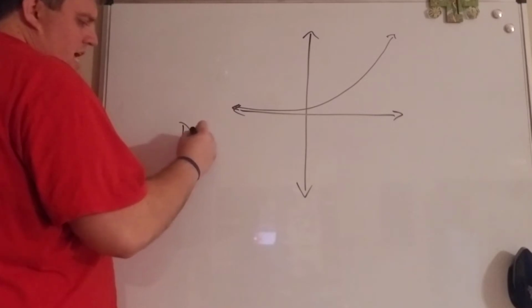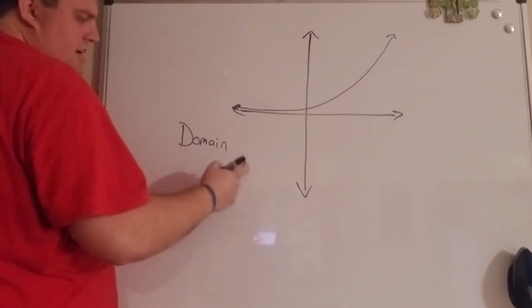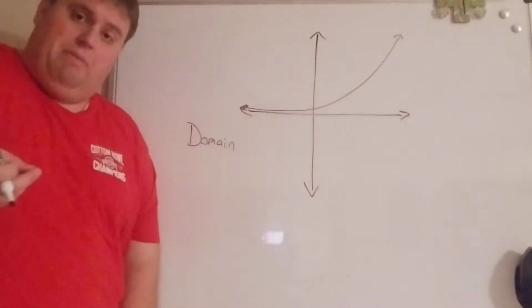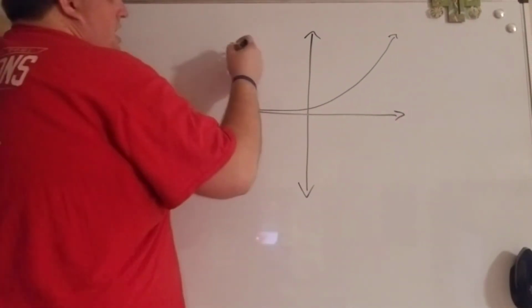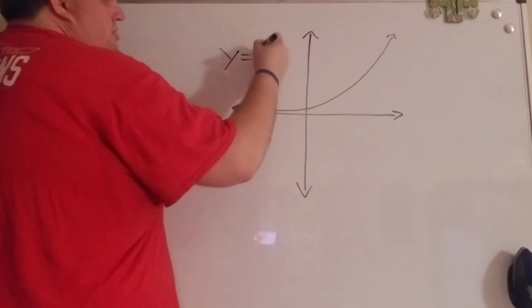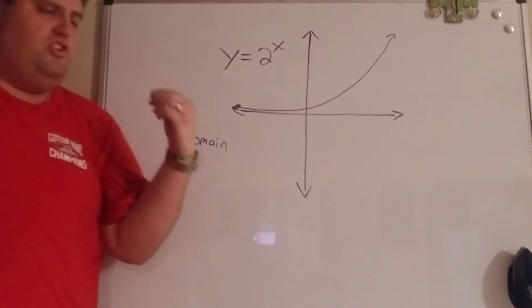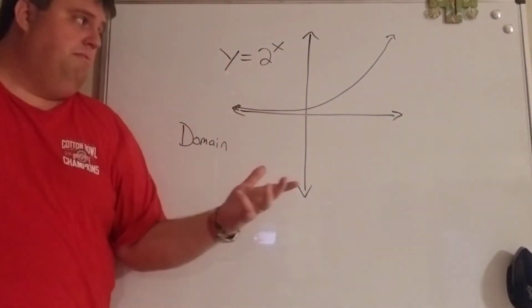So our domain, our x values here, we talked about this a little bit, but there is no restrictions. Let's say this is y equals 2 to the x. That's what we talked about yesterday, right? There are no restrictions to what we can put in here for x. We're allowed to put negatives in there.